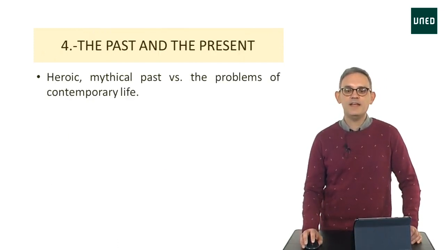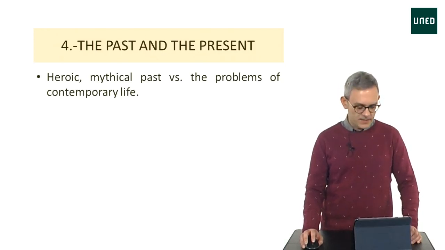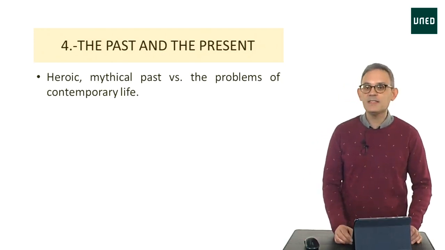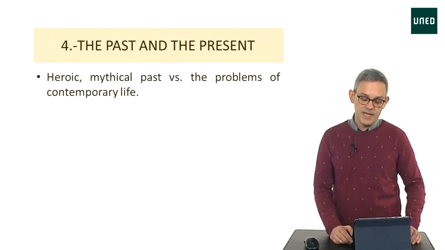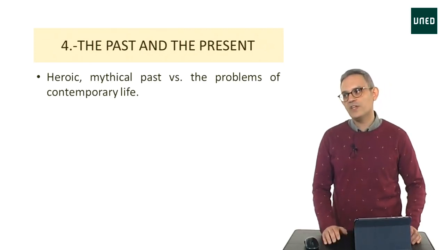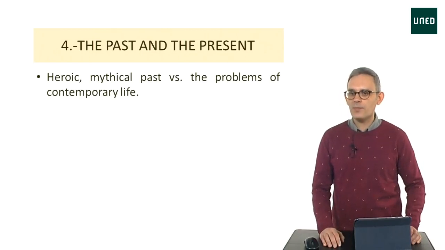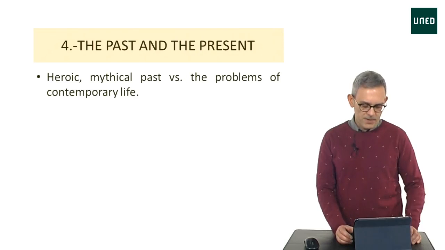The next section is called The Past and the Present. And we will consider an important Victorian debate which addressed the question of which were the most suitable subject matters for poetry.